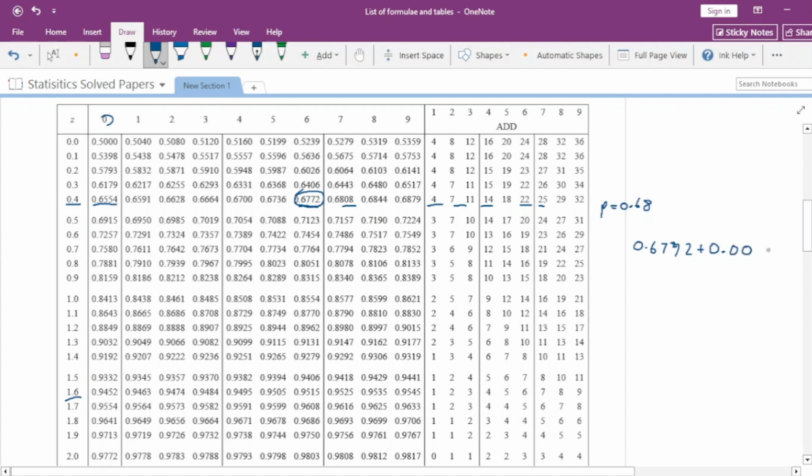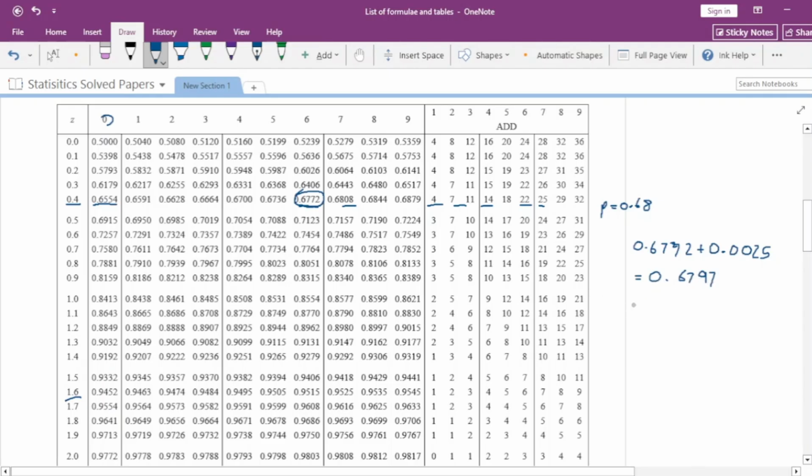On the calculator, 0.6772 plus 0.0025 gives us 0.6797. That's probably close, because if we round, we get 0.68.